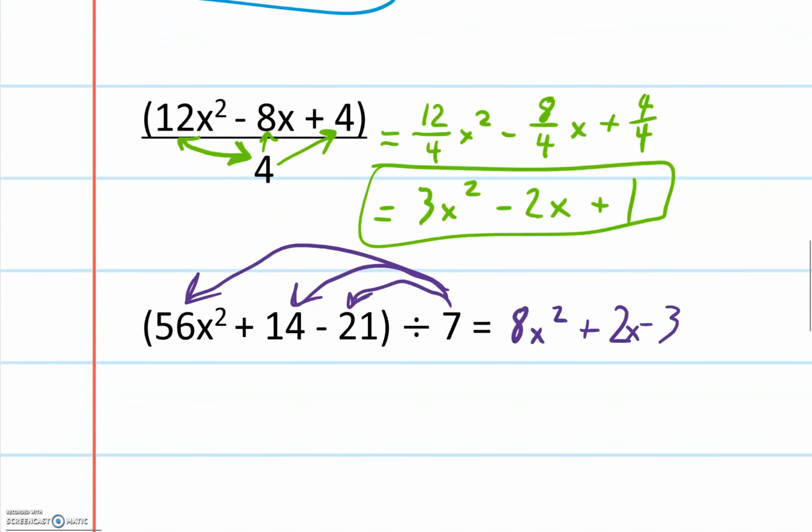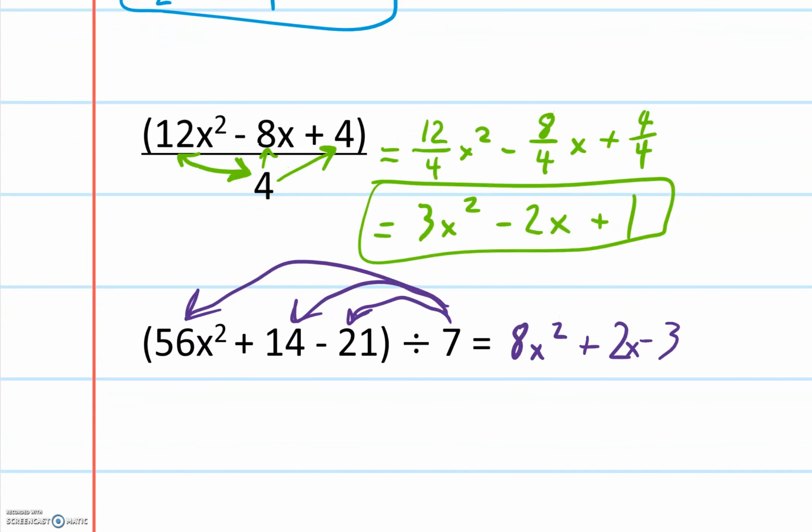Basically the same method. Now, I want to also just say that if we had a minus 7, all that would happen is, if it was minus, we would flip the sign everywhere. So it would look like this. Okay? So 56 divided by minus 7 equals negative 8.